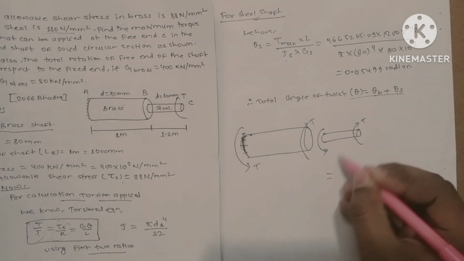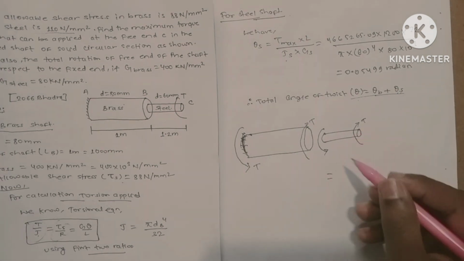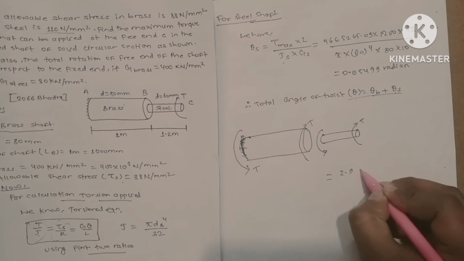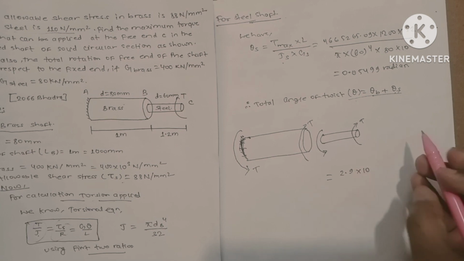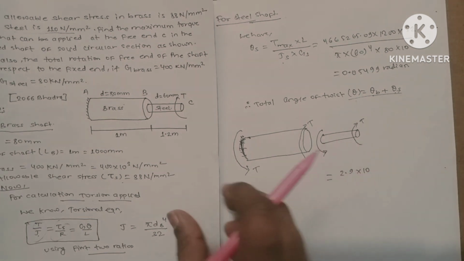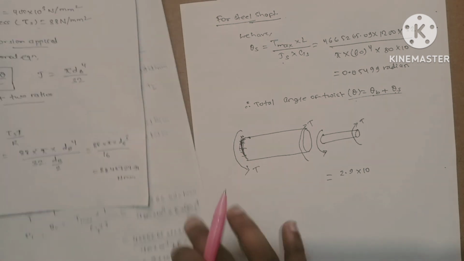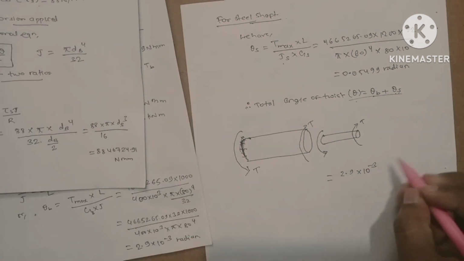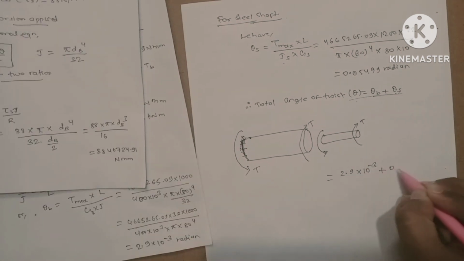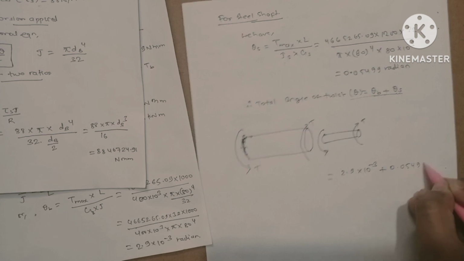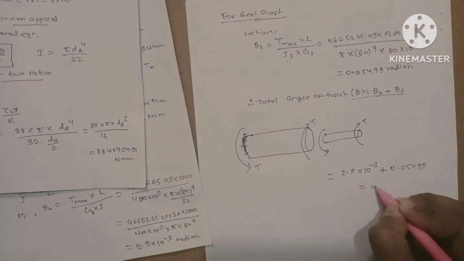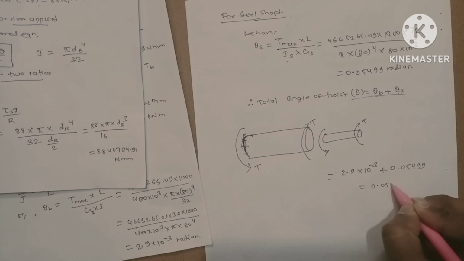So it equals 2.9 into 10 to the power minus 3 plus 0.05499, equals 0.0579 radian.